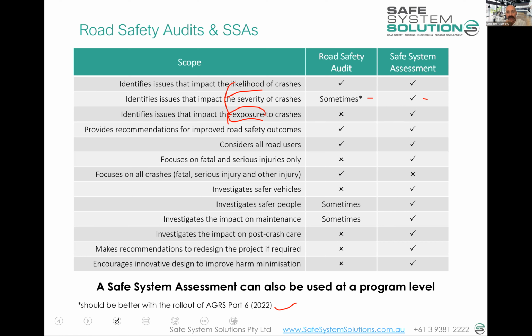And that can be a significant advantage. You don't want to build a project that then ends up just having lots of minor bingles as a result of the project you've built. I mean, you'll have to get in there and rip it out very quickly because the community will go berserk. So you get a better assessment of that with a road safety audit.